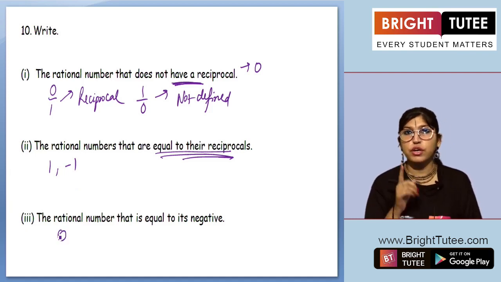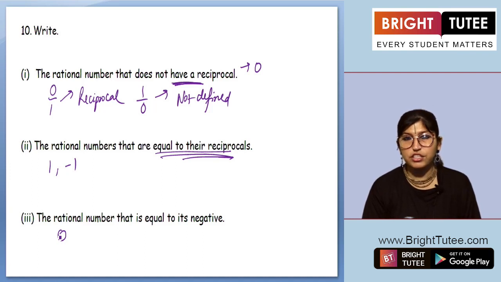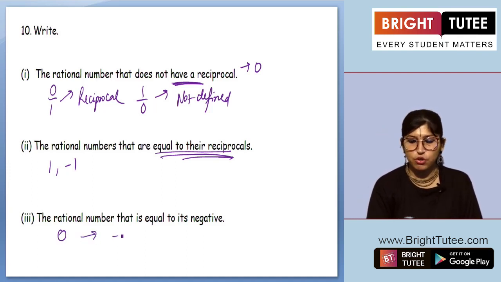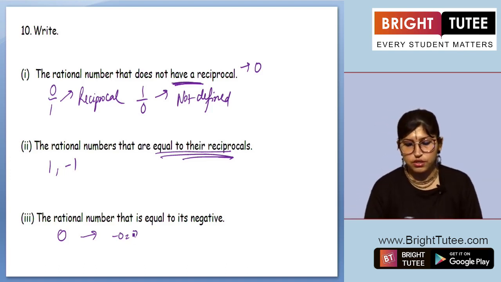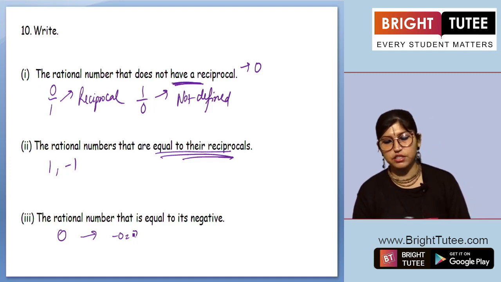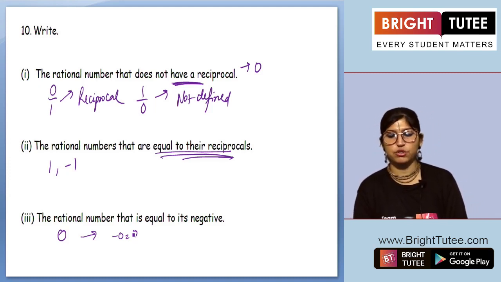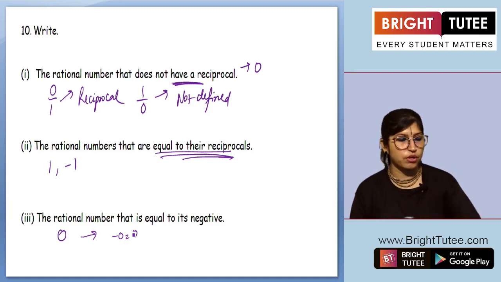Very good. 0 is the only rational number that is equal to its negative, because the negative of 0 will be negative 0, which is itself 0. So the rational number that is equal to its negative is 0. So 0 is the only rational number that does not have a reciprocal and that is equal to its negative. And 1 and minus 1 are the rational numbers that are equal to their reciprocals.